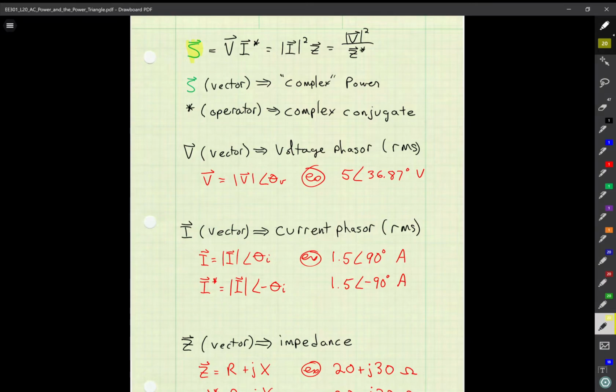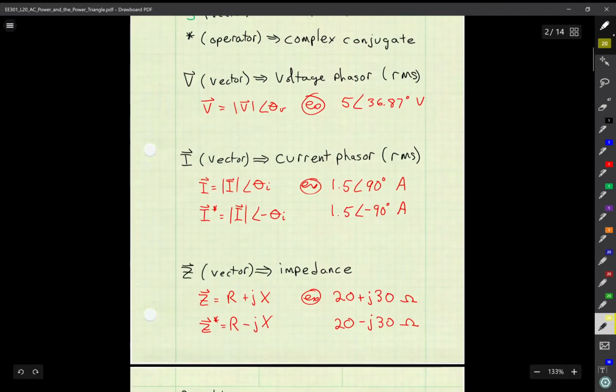That is equal to the phasor voltage, V with an arrow on it, times the complex conjugate of the current phasor. It's also equal to the magnitude of the current phasor squared times the impedance, shown here, which is also equal to the voltage phasor magnitude squared divided by the complex conjugate of the impedance.